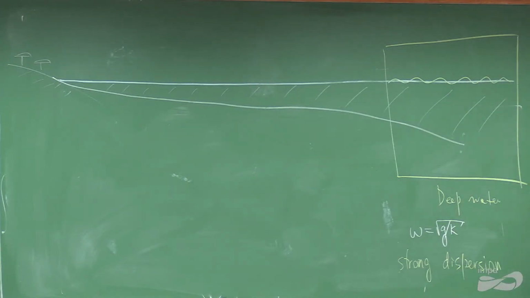You don't have any specific pattern forming. Stationary waves do not form because dispersion will always break them down. The nonlinearity cannot overcome dispersion. Dispersion is very strong.